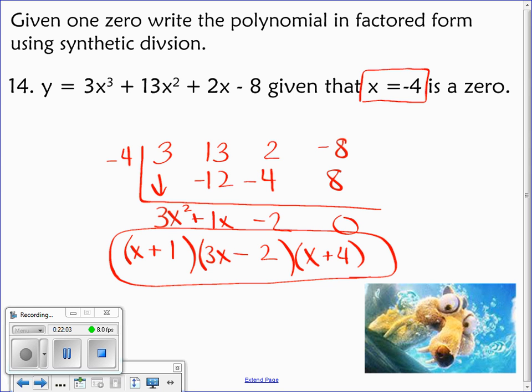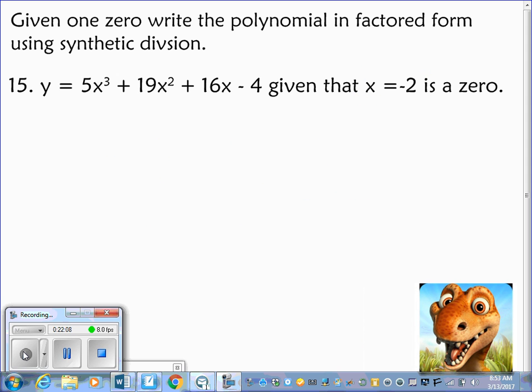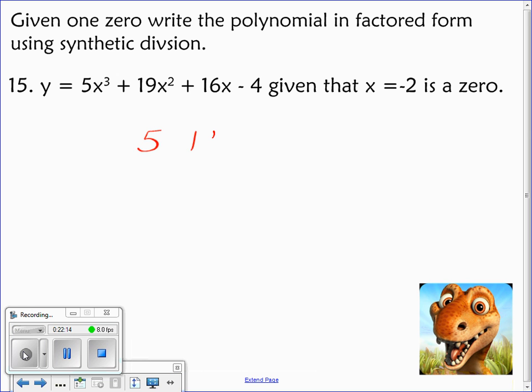How are we feeling? You want to try the last one on your own? All right, give it a go. All right, so first thing, let's set up your synthetic. So we have 5, 19, 16, -4. What am I dividing by? -2. Right, because they gave you x equals -2, so we always use the answer up front.